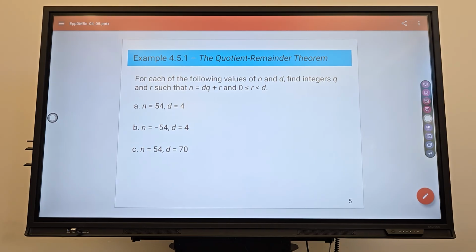Is that right? 54 divided by 4 is 13 with a remainder of 2. Sound about right? 13.5. Yeah, so 13 with a remainder of 2. So q would be 13 and r would be 2.